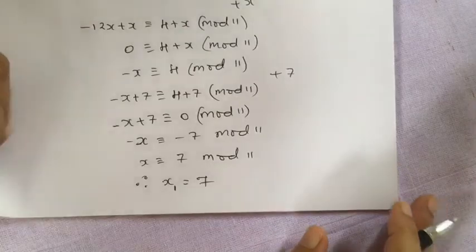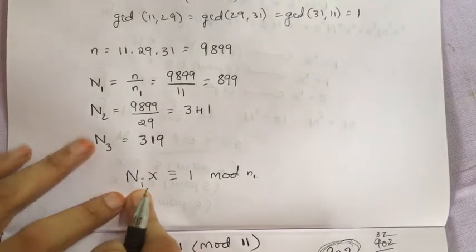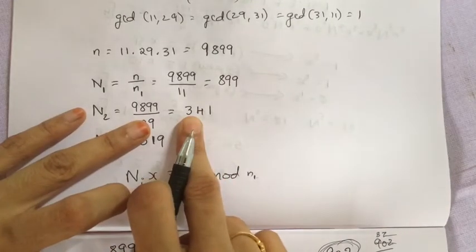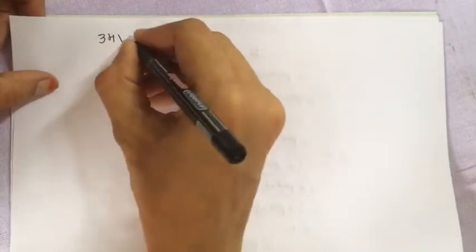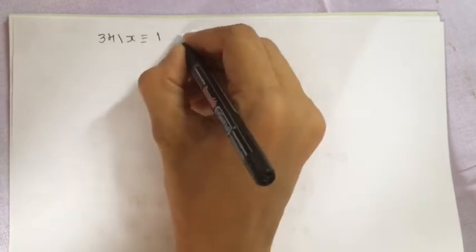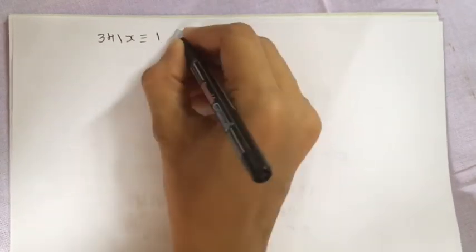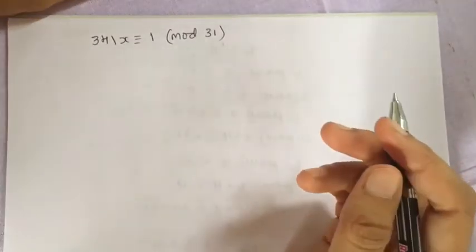Now the second equation, N2 x congruent to 1 mod n2. N2 is 341, so 341x is congruent to 1 mod 29.